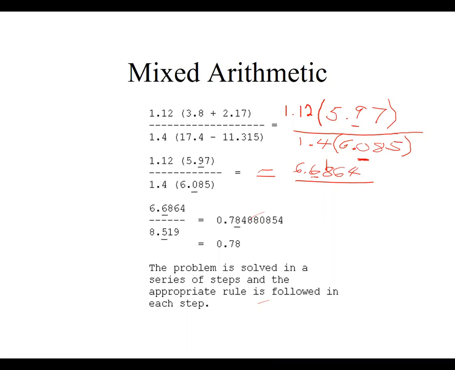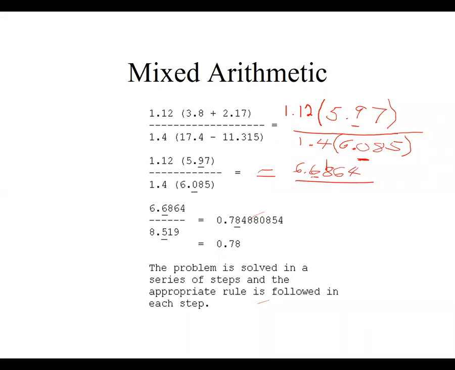So it only has 2 significant figures because 1.12 has 3 and 5.97 only has 2, even though you see 3 figures there. Okay, then on the bottom, when I multiply the 1.4 by the 6.085, that's what I multiply. I don't multiply by 6.1.